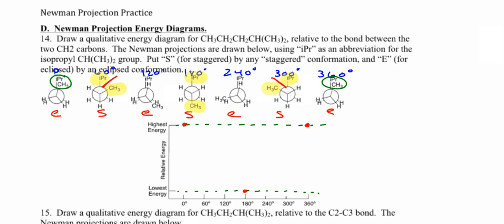There is no value for this right now, but at 60 and at 300, those are going to be a little higher than at 180, where it's called an anti, as far apart as possible. Those gauches cause a little strain. So this is the anti. That's the best. And this has a gauche. That matters.